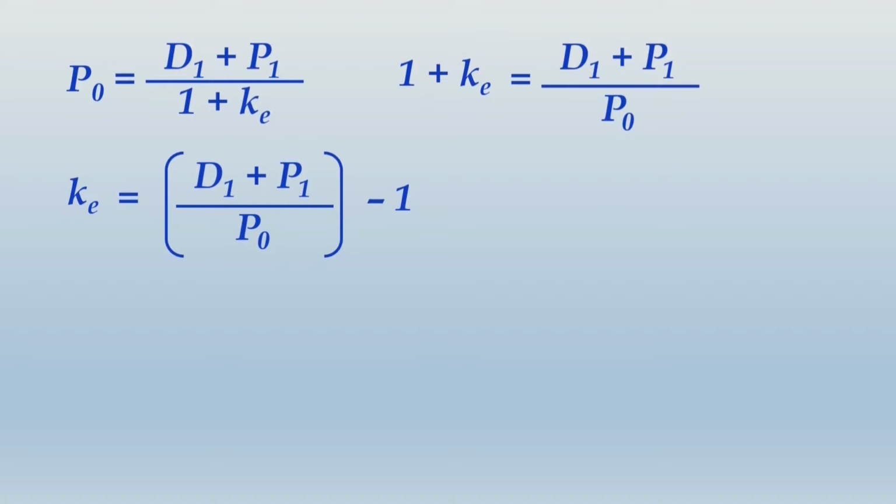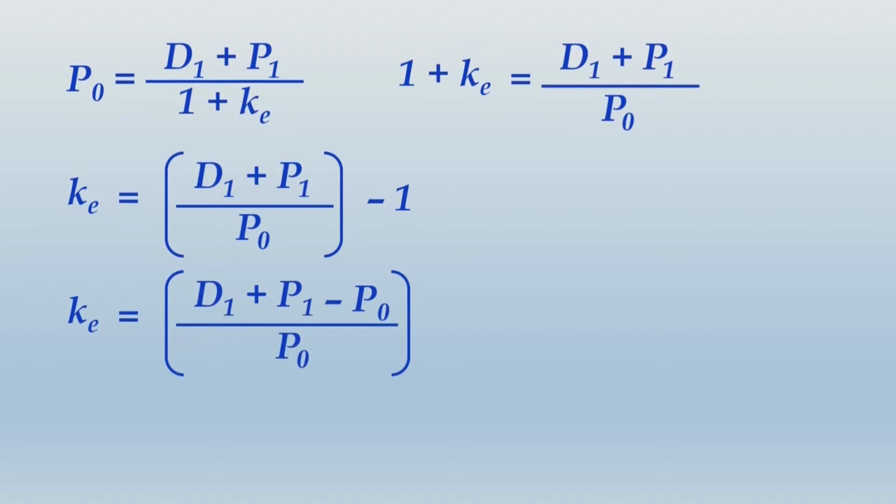I am sure all of you are good at this much mathematical equation solving. So the modified way of rewriting the same thing could be (D1 plus P1 minus P0) whole upon P0. It will indeed give you the same effect as (D1 plus P1) by P0 minus 1.